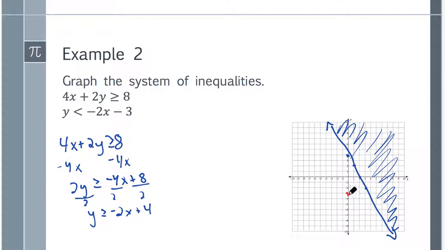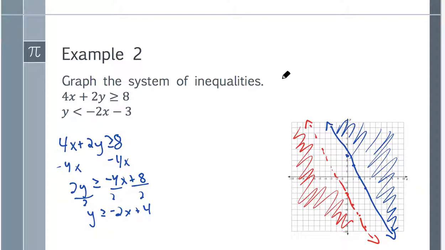My slope is negative 2, so we go down 2, over 1, down 2, over 1, down 2, over 1, and we have a dashed line. It looks something like this. We're going to shade below. All right, no overlap. What do you think that means? I know. No solution.